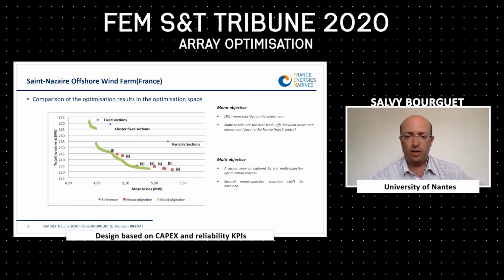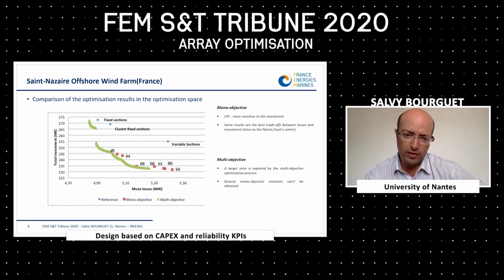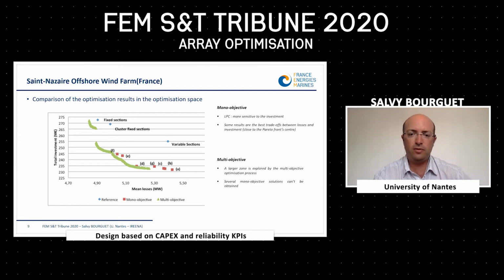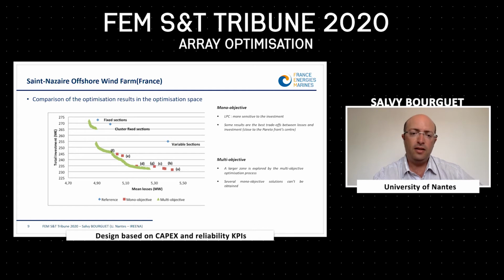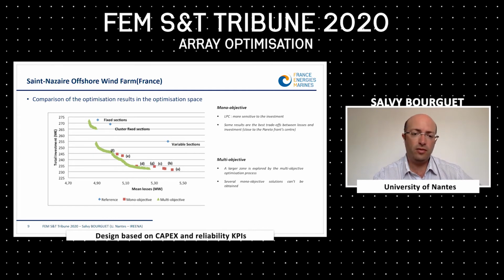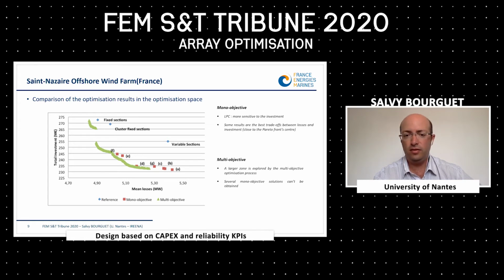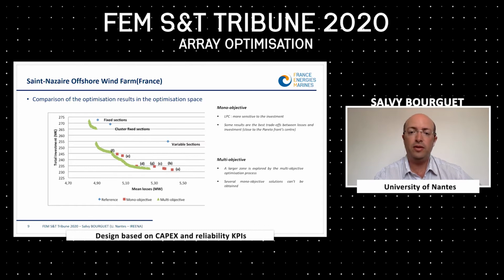As a first look, we can look at the red squares. The different red squares correspond to different assumptions, but for mono-objective calculations. And it seems that there is quite an improvement in the total investment and also in the losses, depending on the assumptions we made.